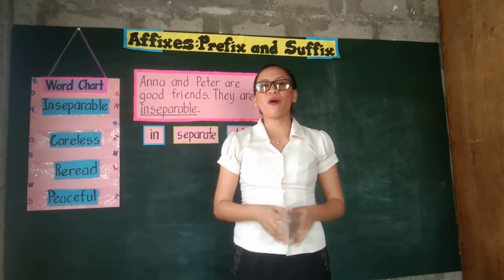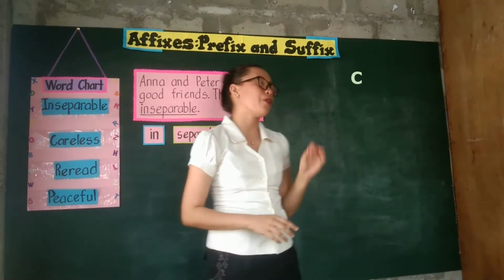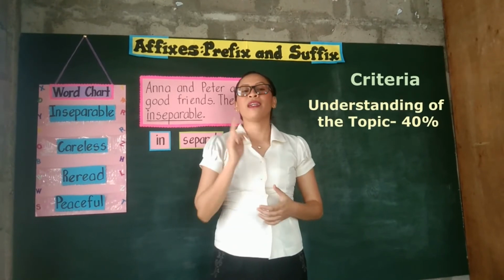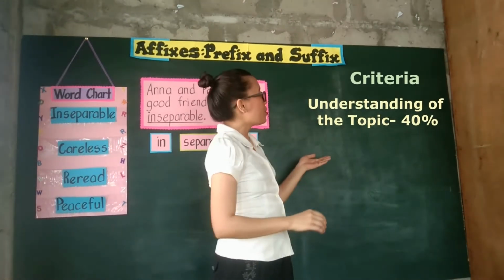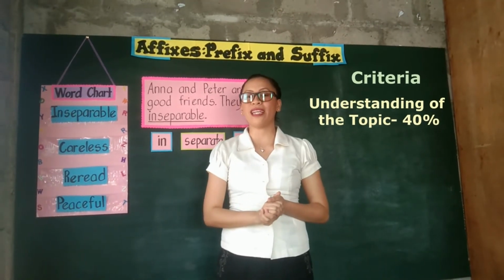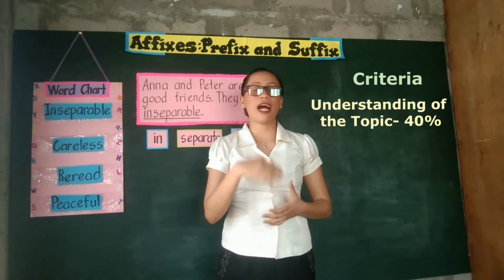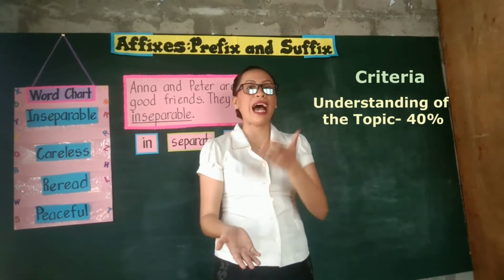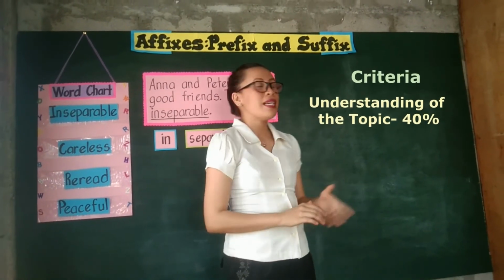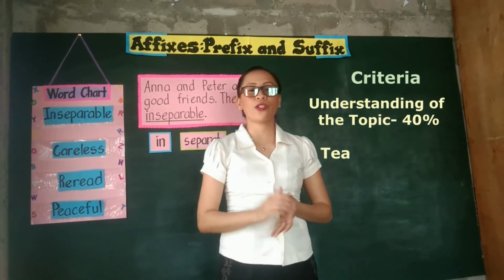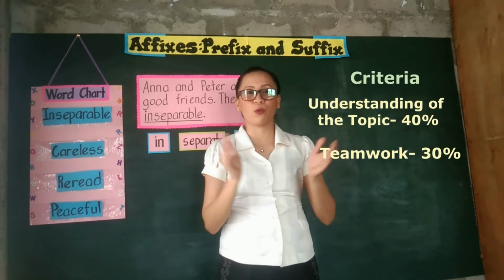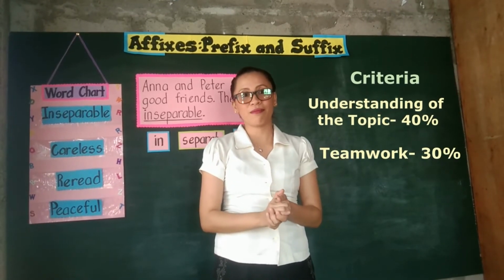Alright, so first we have the criteria. First we have understanding of the topic, 40%. That would be reflected in the conversation, on how you're going to use the words with affixes. Second, we have teamwork, which is 30%, so you really have to work together and cooperate.